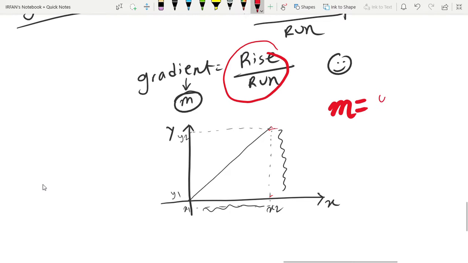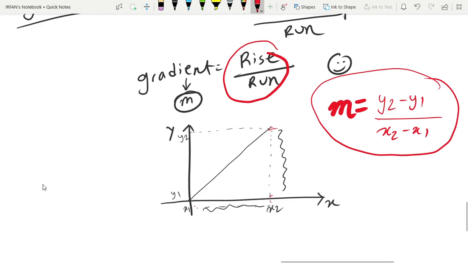It is y2 minus y1. And what's the distance for the run? x2 minus x1. It's not x1 minus x2. Always we are subtracting the smaller number from the larger number. So this is our formula for gradient: y2 minus y1 divided by x2 minus x1.